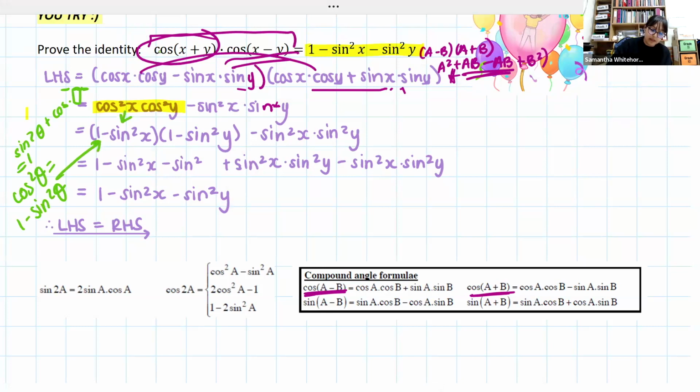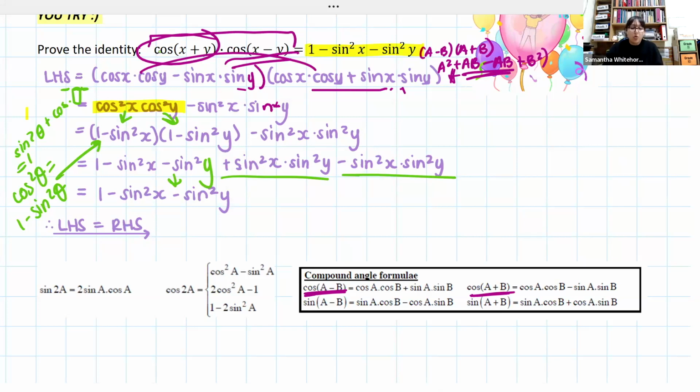That's what I've replaced each of those cos squareds with. And then I just have sines going on. Again, I would need to distribute those brackets, but I get terms that essentially cancel out, leaving me with exactly what I wanted for my right-hand side.